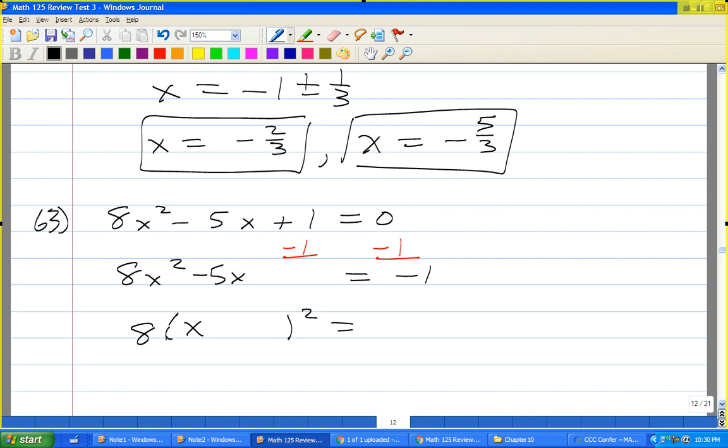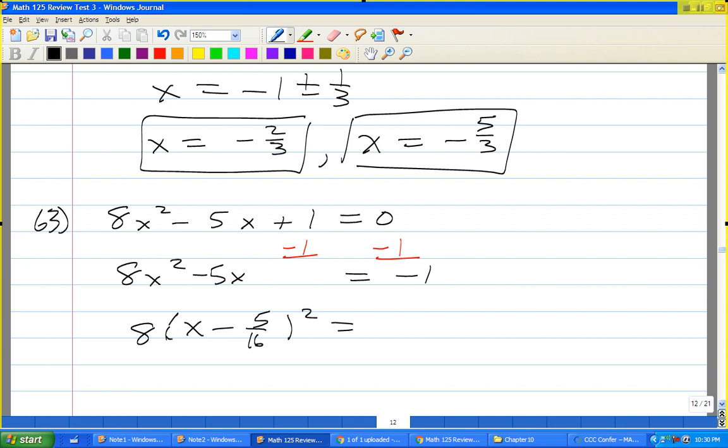Okay, so I have a constant in front of the x squared, so I'm going to have to use that. And so I have negative 5 divided by 2 times 8, which is 16. So negative 5 over 16 squared.